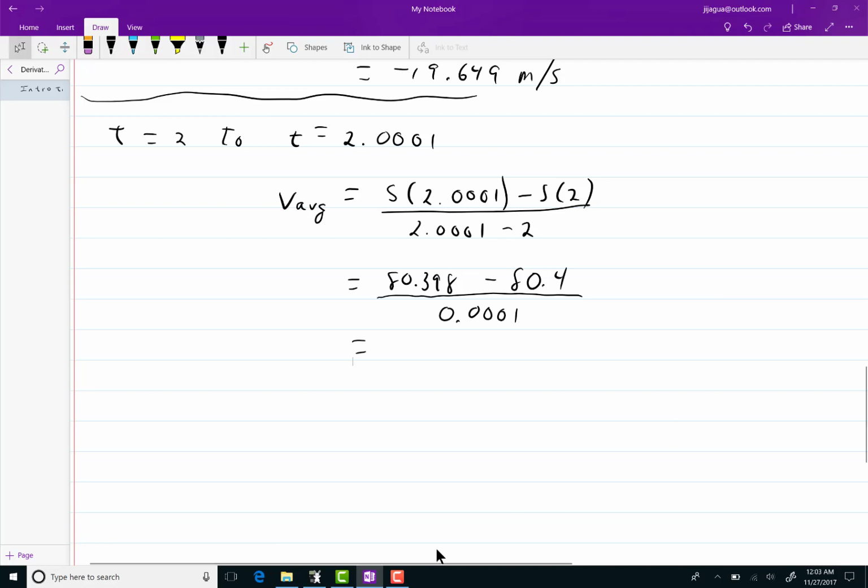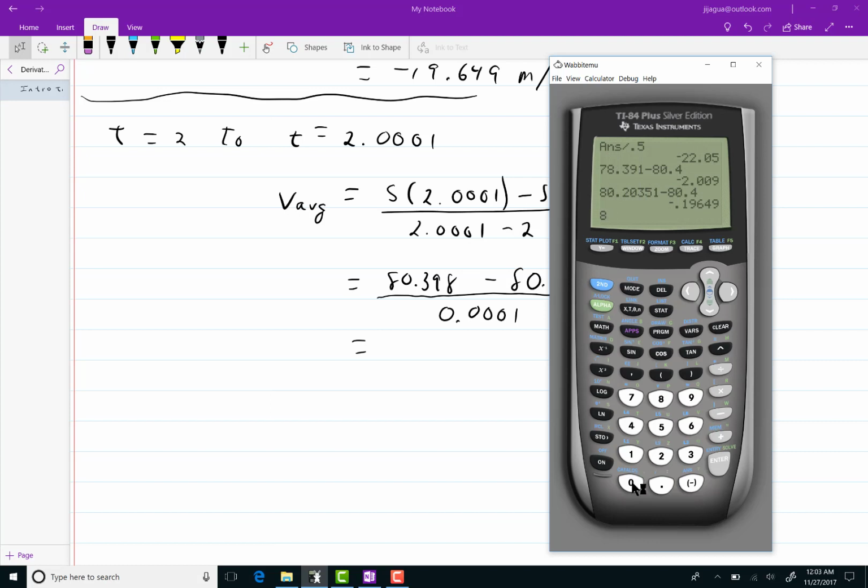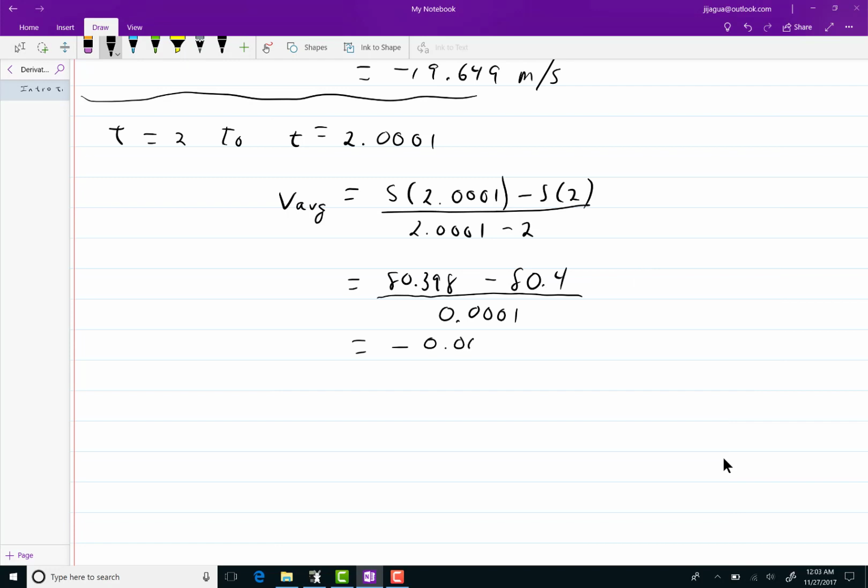So let me go ahead and do this on the calculator. Negative 0.002, over 0.0001.